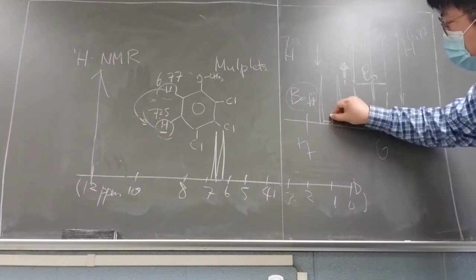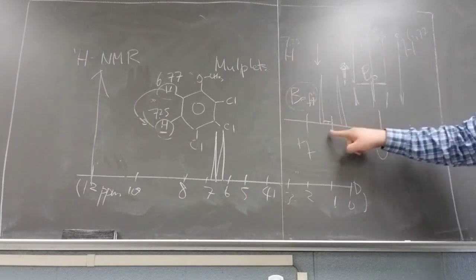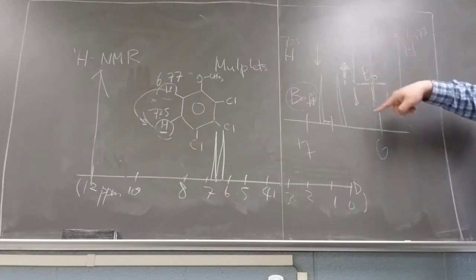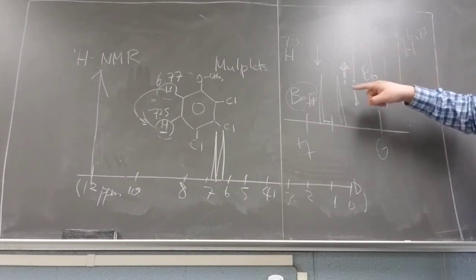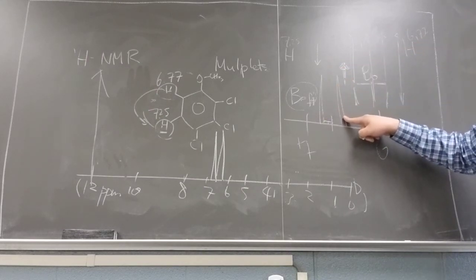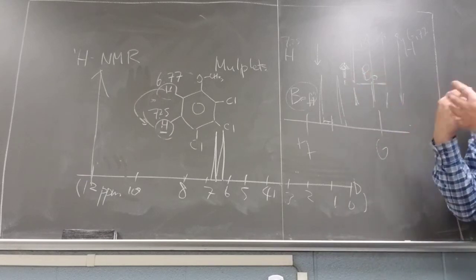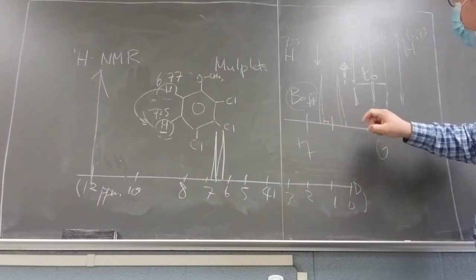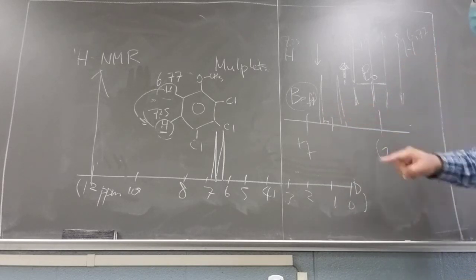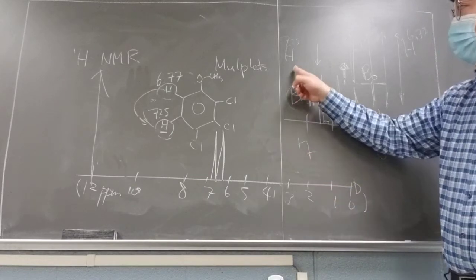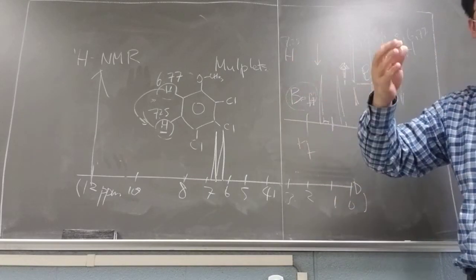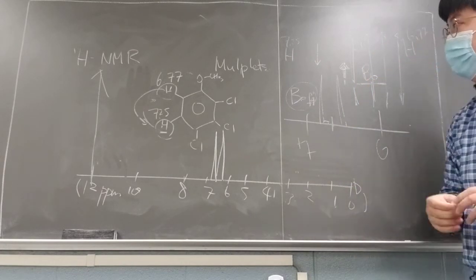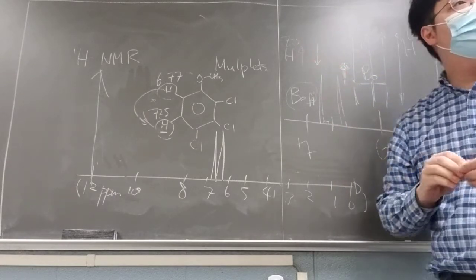This is the original position, but because of this one interacting with this one, either they make the magnetic field stronger or weaker, so they split in two. We call this coupling. They try to interact with each other. This is the reason why this one will have two peaks instead of one, because this proton is affected by two types of magnetic field strengths that they feel. Does it make sense?